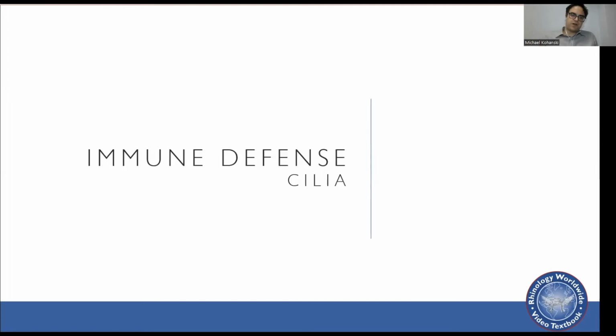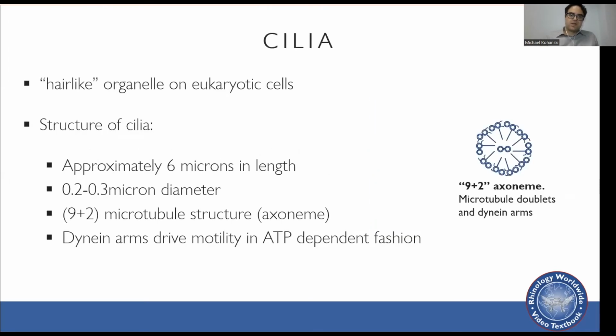So now we'll move on and talk about cilia. Cilia are hair-like organelles on eukaryotic cells, and their structure is important. They are about 6 microns in length and about 0.2 to 0.3 microns in diameter.